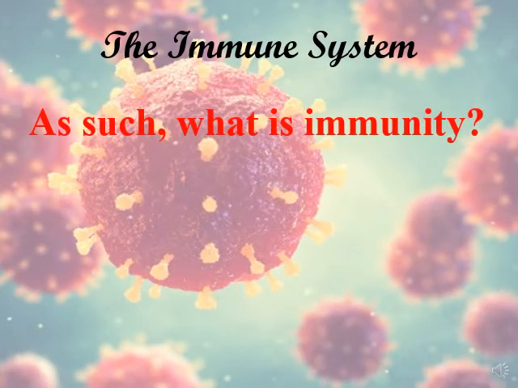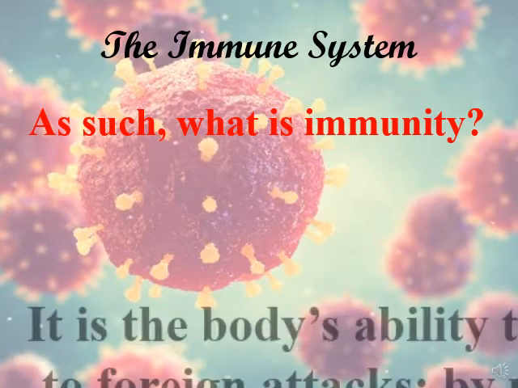So, what is immunity? We determined the term immune system. What is the role of the immune system? We said that the immune system is the army that protects our body against any bacteria, viruses, parasites. We said that its role is to defend the body against the invasions of bacteria, parasites, and pathogens. So now, what is immunity?